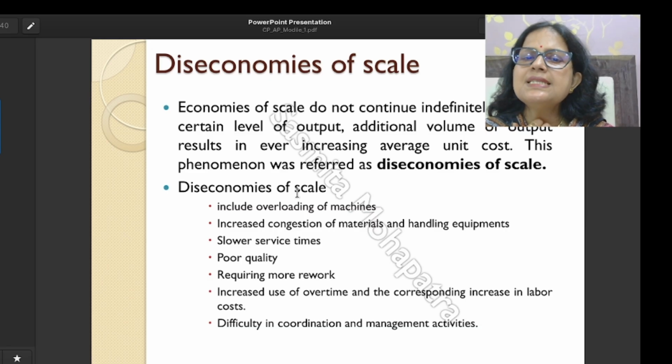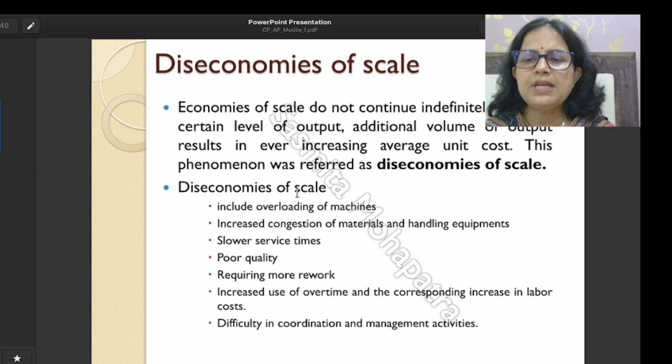Diseconomies of scale arise due to overloading of machines, and increased congestion of materials and handling equipment as we go on producing on a very large scale. It also becomes difficult to handle the materials, with slower service time and poor quality, since we cannot concentrate on quality, which requires more rework.